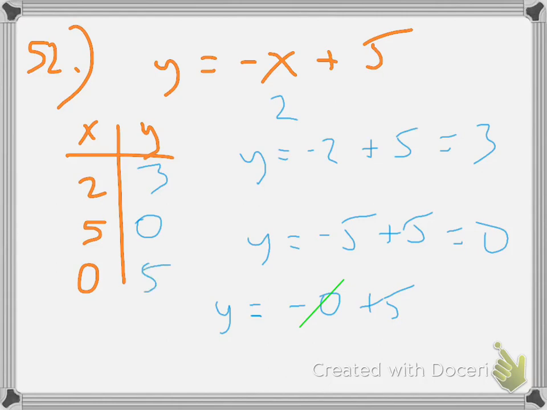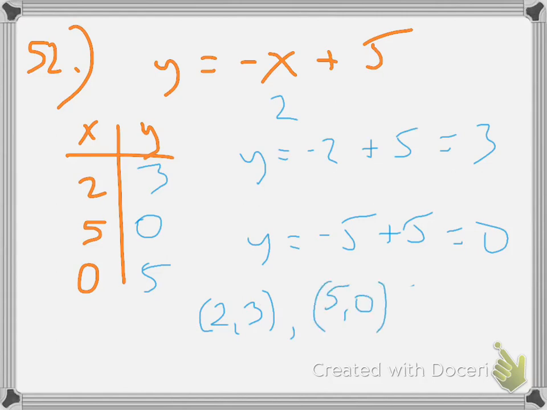It does say write as ordered pairs, so if you're going to follow directions, because I know you'll love following directions, let's write them as ordered pairs. So the answers are 2, 3. That's one answer. When x is 2, y is 3. And 5, 0.